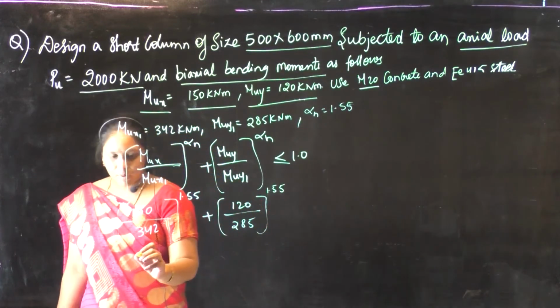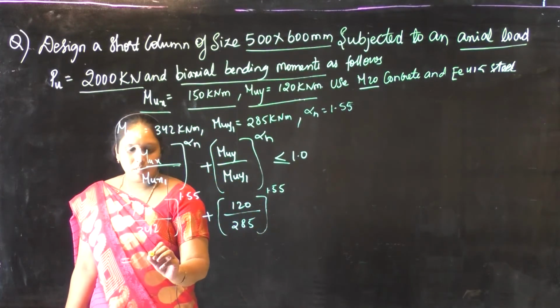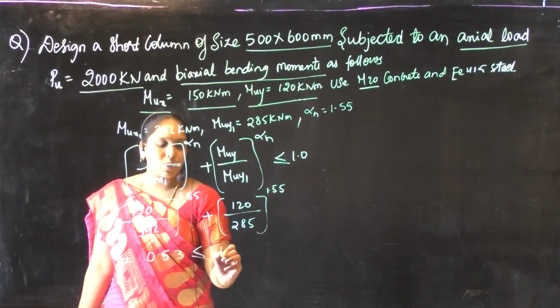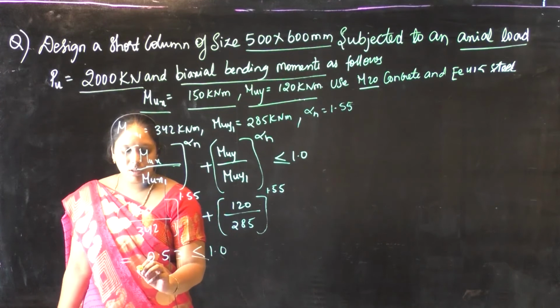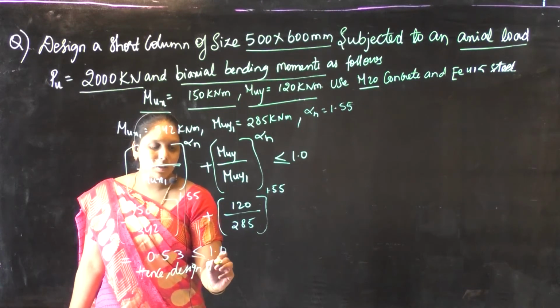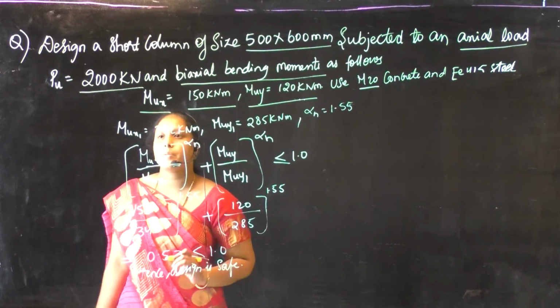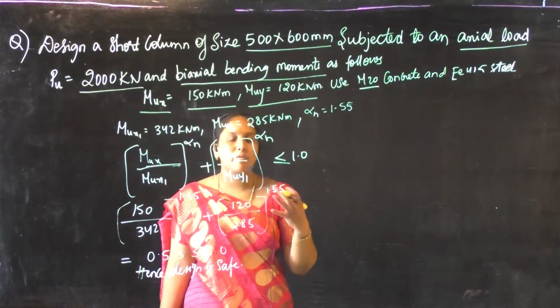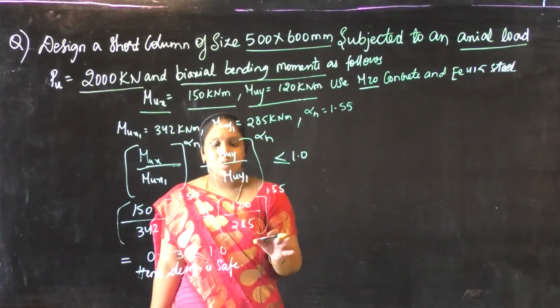If you calculate this value, you will get a value of 0.53, which is less than or equal to 1. Hence the design is safe. So the percentage of reinforcement we have assumed as a trial is okay.